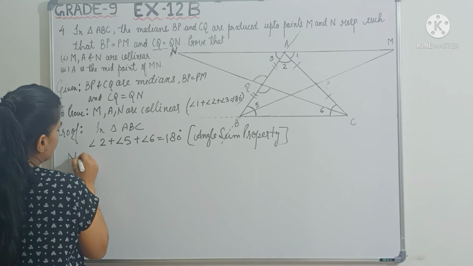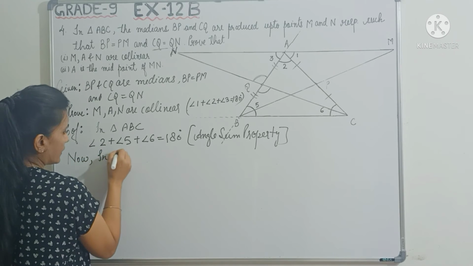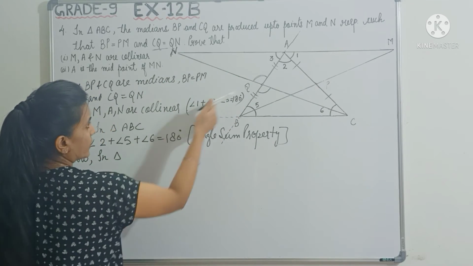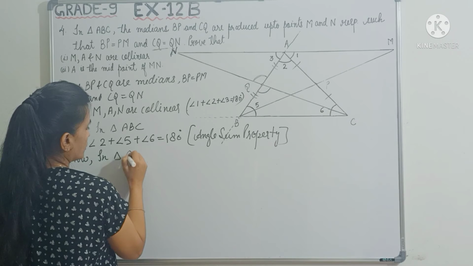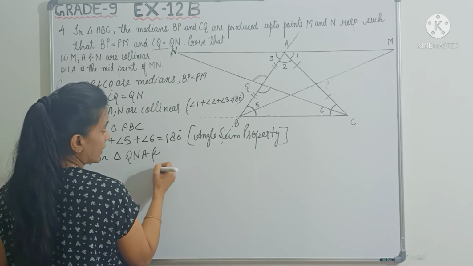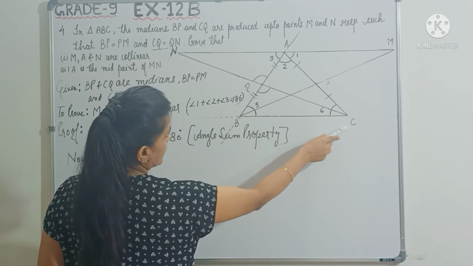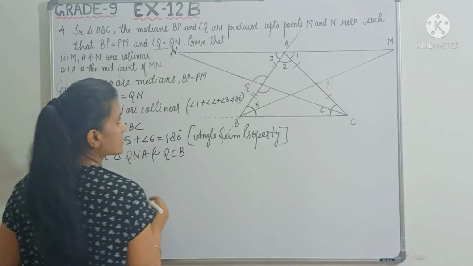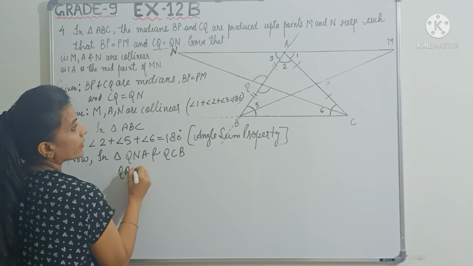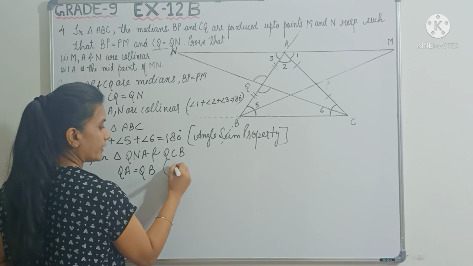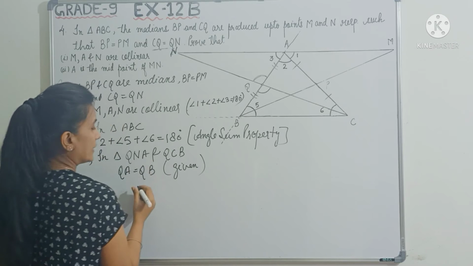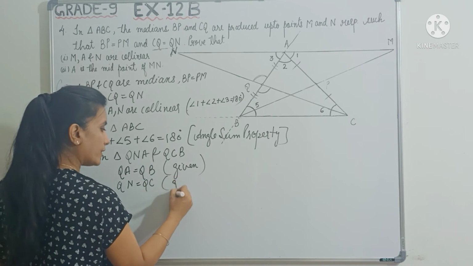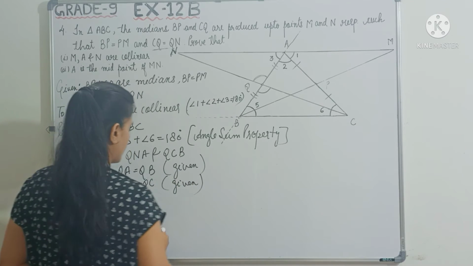So now in triangle QNA and QCB, in these two triangles, QA is equal to QB, why? It is given. Then QN is equal to QC, why? Even this is given.